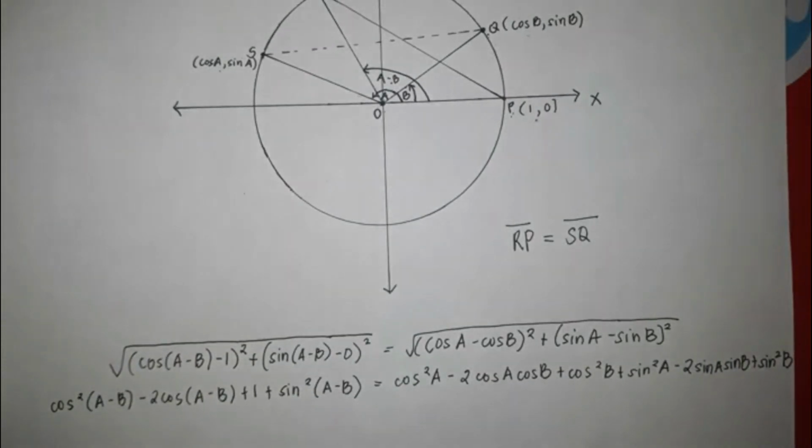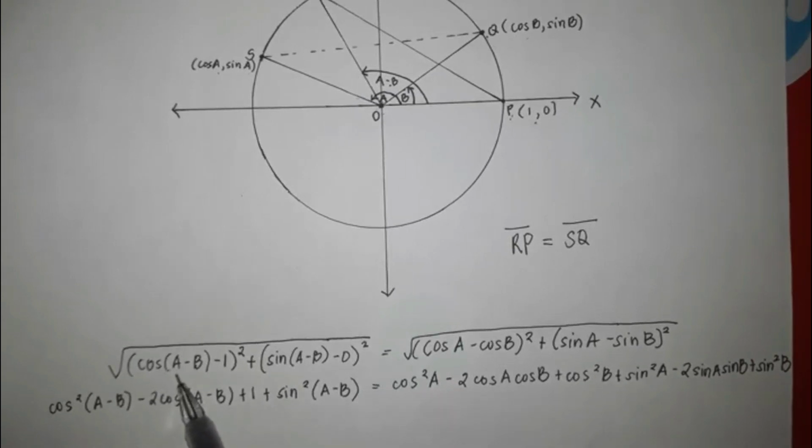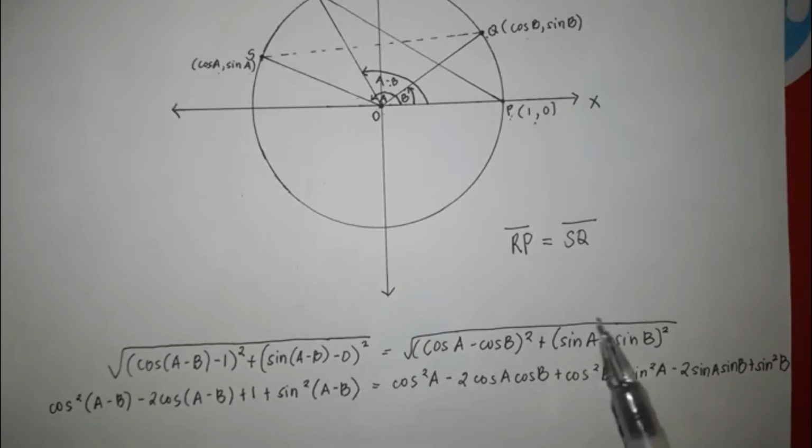Next we are going to simplify these two. Cosine (A minus B) minus 1, squared is equal to cosine squared (A minus B) minus 2 cosine (A minus B) plus 1. Sine (A minus B) minus 0, squared is equal to sine squared (A minus B).